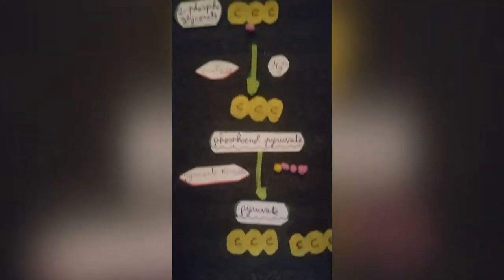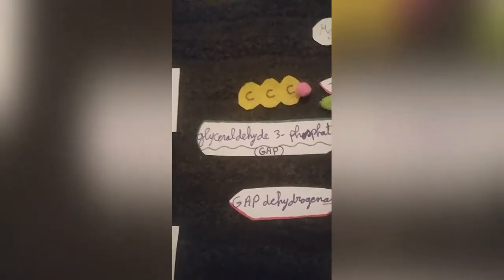Why? Because the origin of this process was a 6-carbon molecule of glucose, which was then cleaved into 2 molecules of 3 carbons, and the one converted to glyceraldehyde 3-phosphate will continue the process.